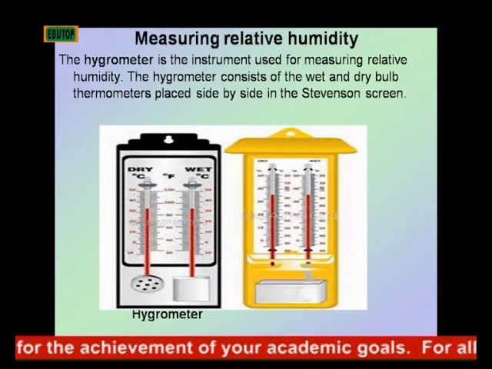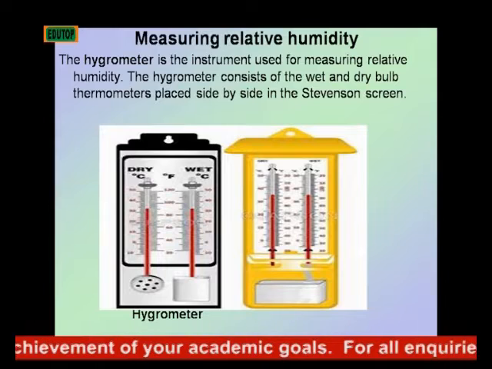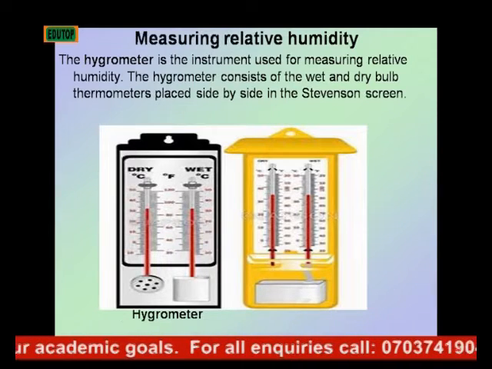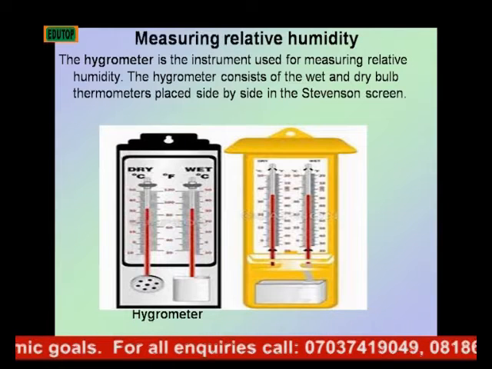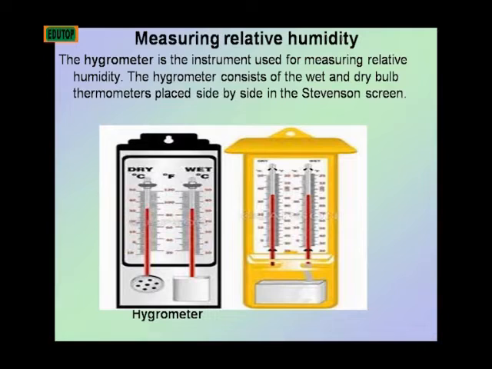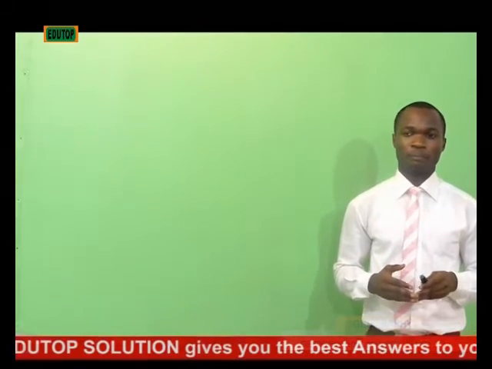Here is a diagram showing us what the hygrometer looks like. Here we have the dry bulb thermometer, and here we have the wet bulb thermometer, and they help in measuring relative humidity.